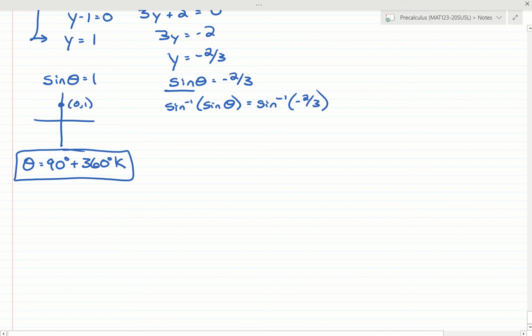Make sure your calculator's in degree mode. Inverse sine and sine would cancel. And if you type into your calculator the inverse sine of negative 2/3, my calculator gives me an answer of negative 41.8 degrees, which is right here.